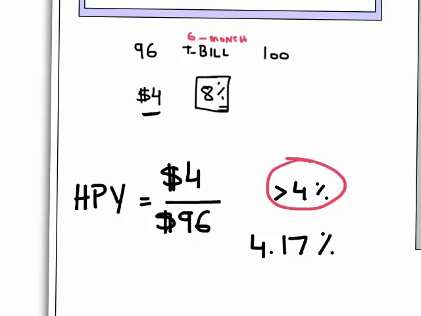But the problem is, this is not annualized. And it is unprofessional to write 4.17% because that would be confusing, because generally percent is for the full year. So we need a way to convert this 4.17% to an annual number. There are two ways to do that.